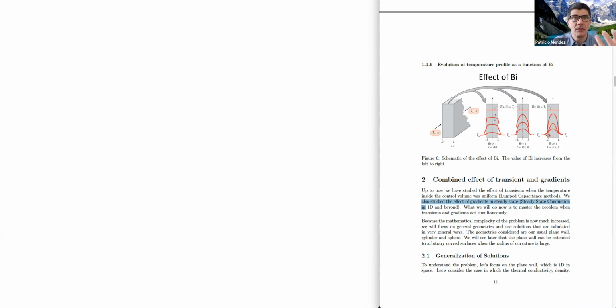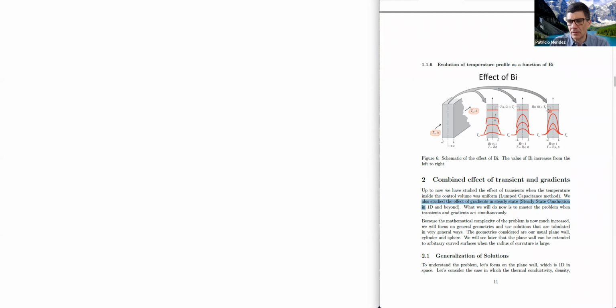That is because at high Biot numbers, the convection coefficient is very high. It's a very intense cooling or heating on the surface, and the surface very quickly takes the temperature of the fluid, even if the center of the component, walls, spheres, or cylinders, still has not realized that there is a different action on the surface.